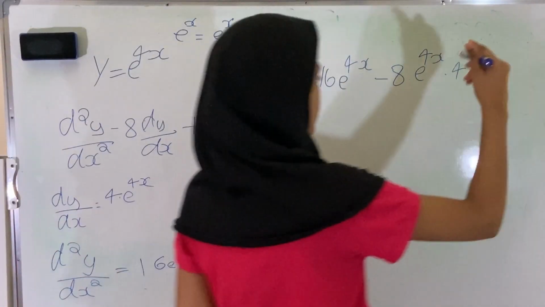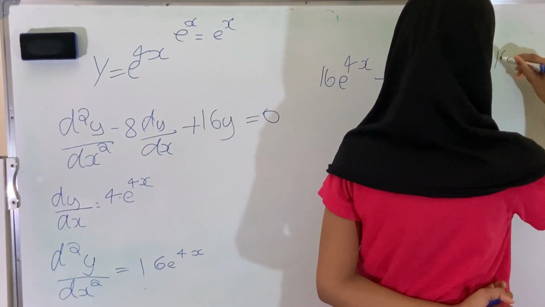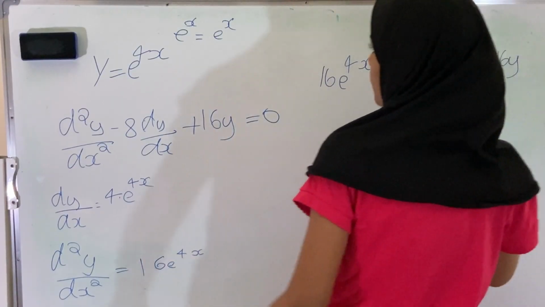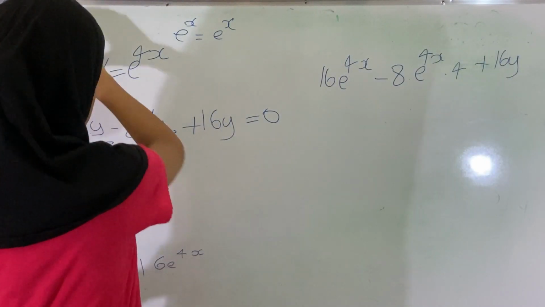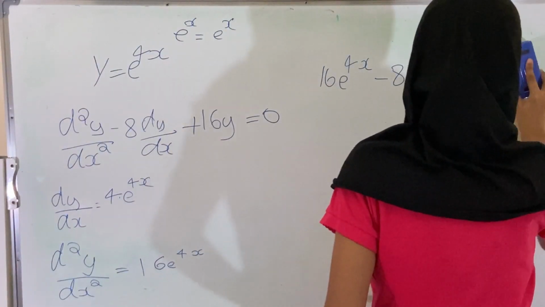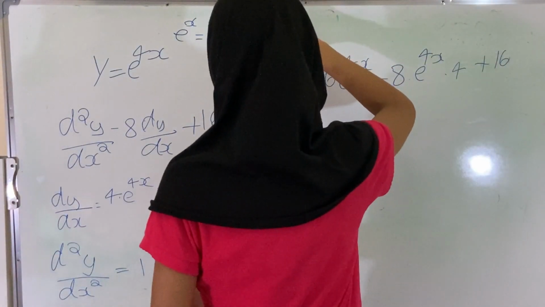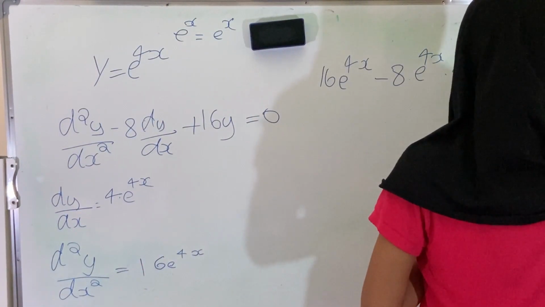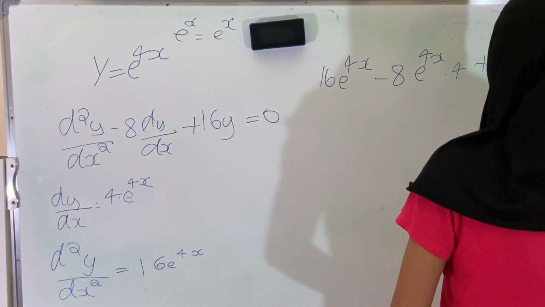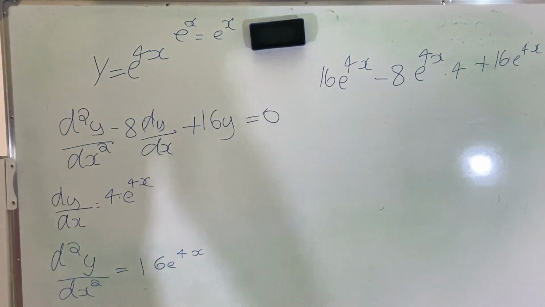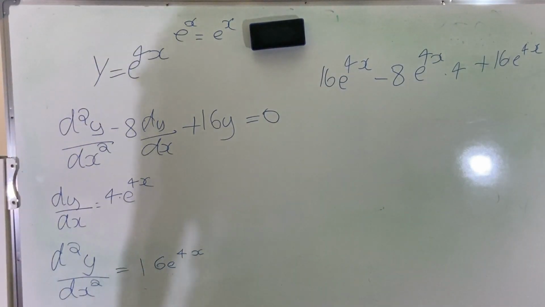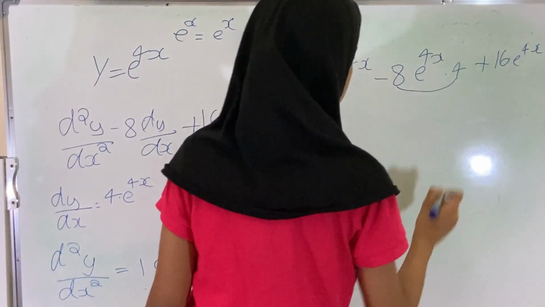Plus 16y. Here y is e raised to 4x, so instead of y, we can write e raised to 4x.